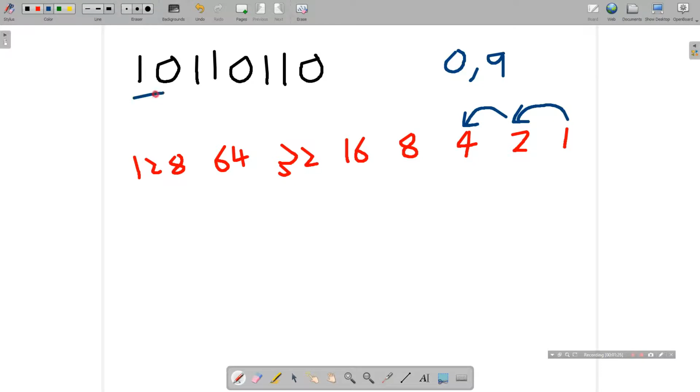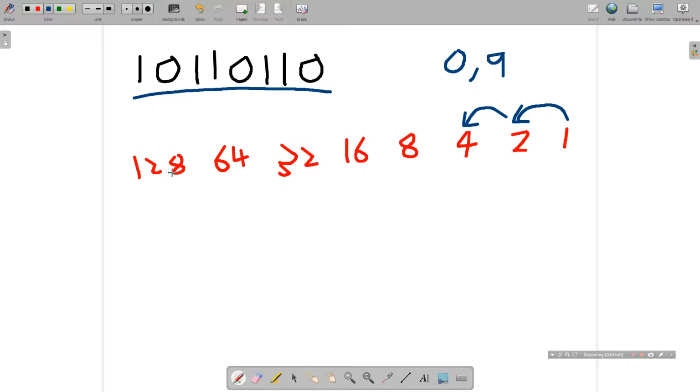But in binary, we only have the 2 digits, 0 and 1. And so instead of multiplying by 10 each time we move to the left, we multiply by 2. So it's simply a case of multiplying by 2 or doubling until you get to 128.